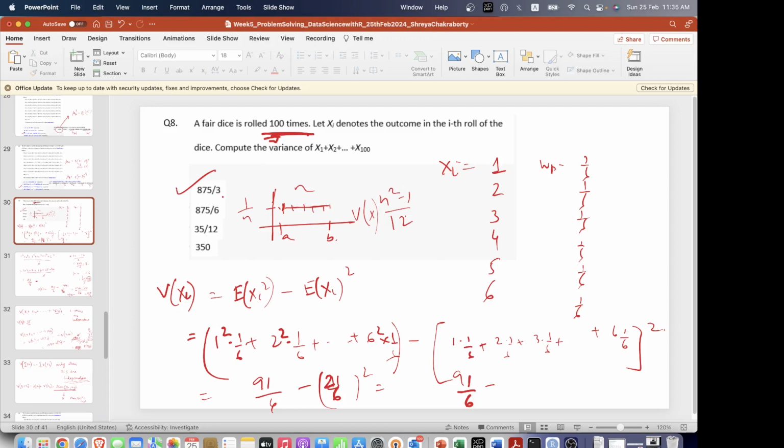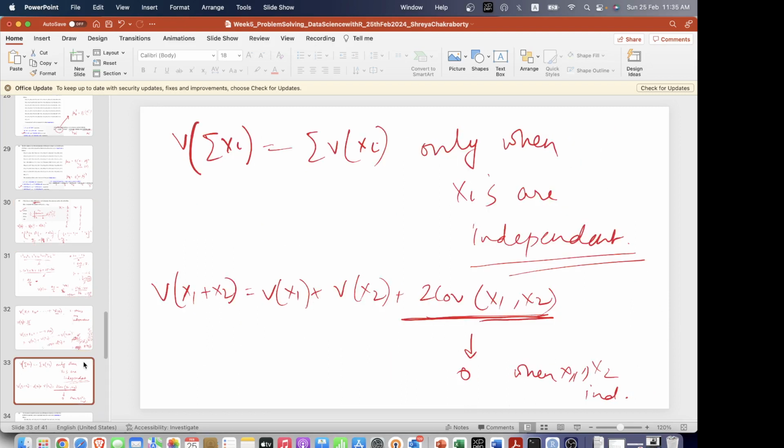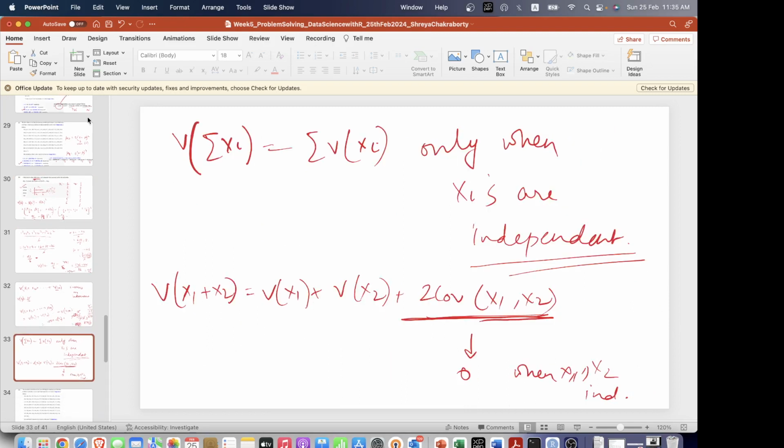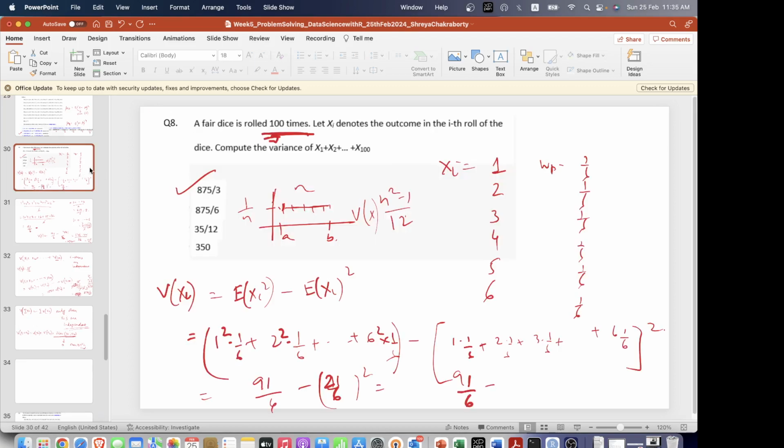Ma'am, at the end of this question, you told us the concept of independence. Please repeat that one. Okay, so here the independence is implied.